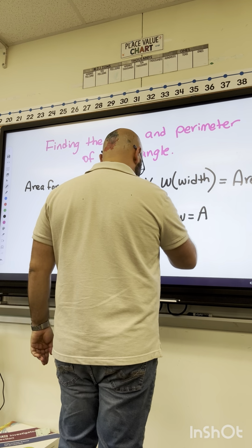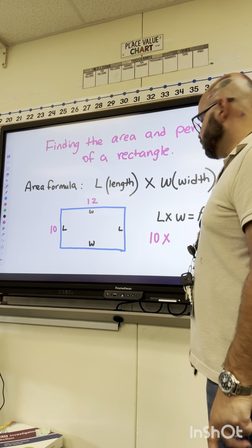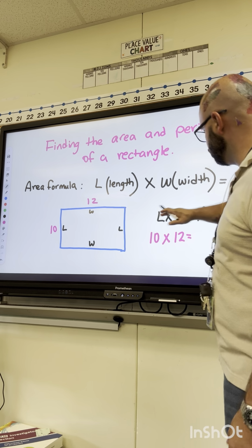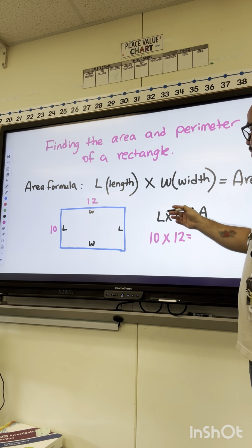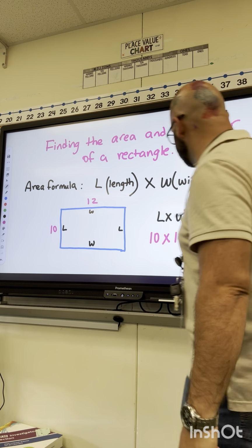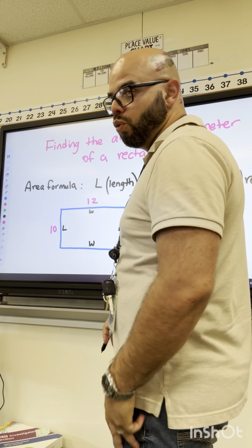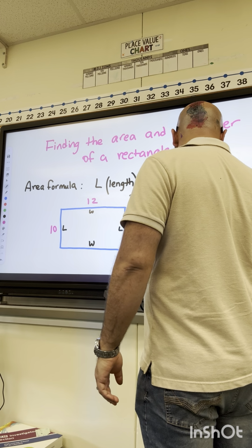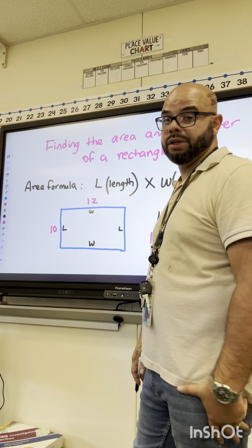Good. Jacob, give me a W. 12. You see, I'm using this formula as a mold to just plug in. It's telling me what I should multiply. I'm multiplying my length times my width. So what is 10 times 12? 120. Therefore, my area for this rectangle is 120.